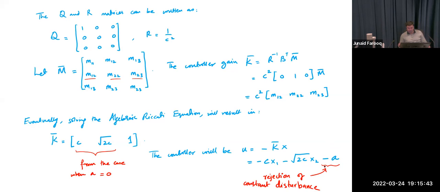We can just put a minus A outside. And that probably will help you also in the homework where you may have a constant disturbance signal, and if you want to find an LQR, you can simply reject the disturbance. So initially you can assume that A equals 0, you can solve the LQR controller, and at the end you can reject the disturbance.